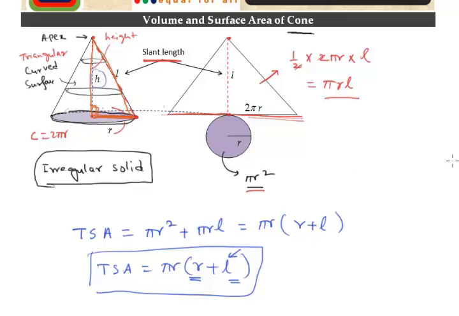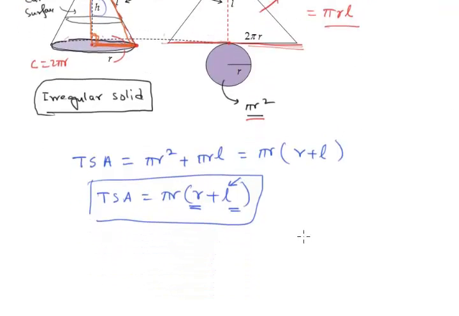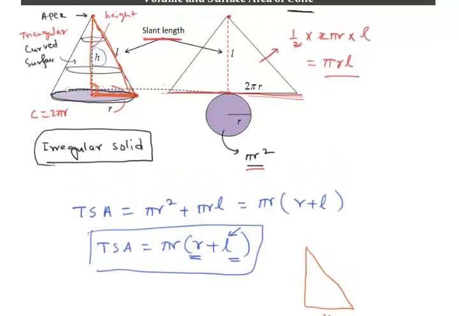If we separate this triangle, this is the radius, from the apex this is the height, and this is the slant length L. This angle is a right angle.